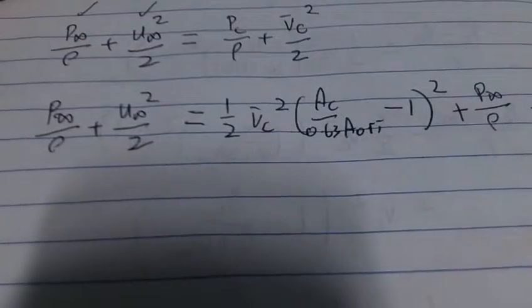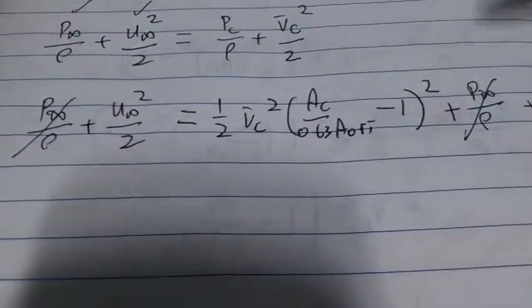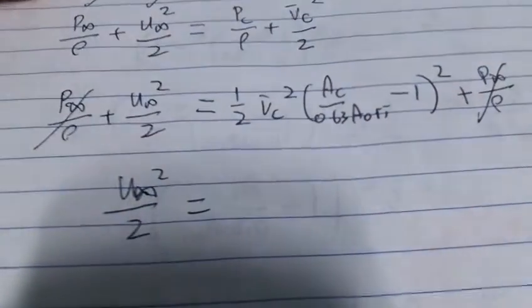Now immediately we can see some terms start to cancel. That is a good thing for your calculations. It really simplifies a lot of things. So next we have U infinity squared over 2 equals half Vc squared.